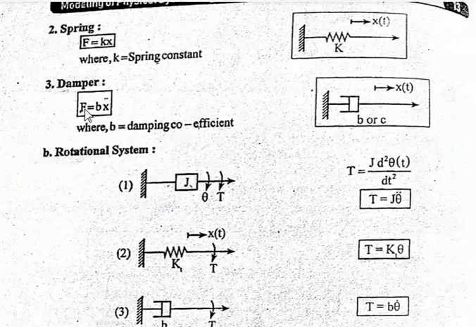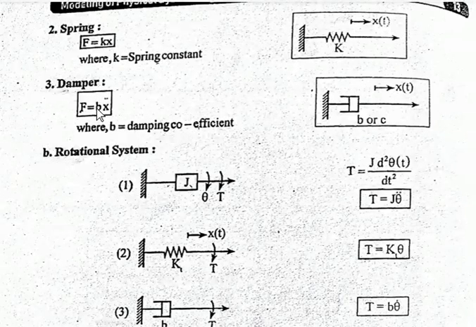So we get F is equal to b x double dot, a second order differential equation. So this represents F is equal to m x double dot, or F is equal to kx, or F is equal to b x dot.